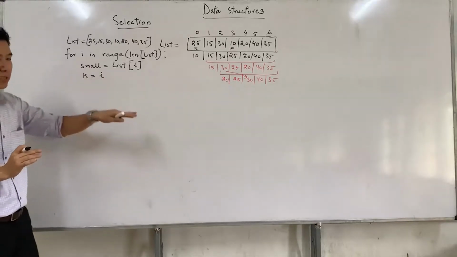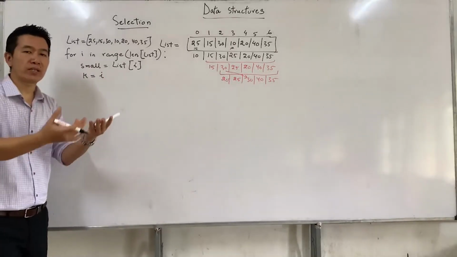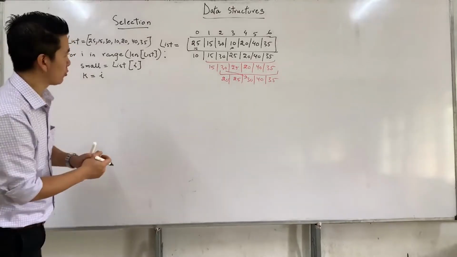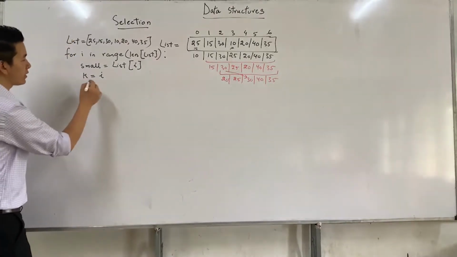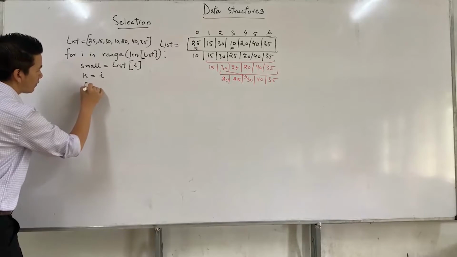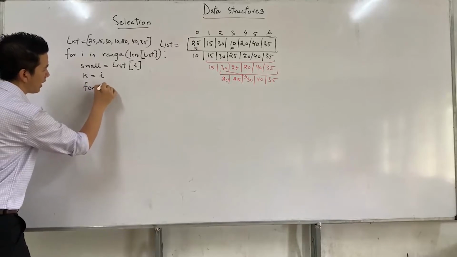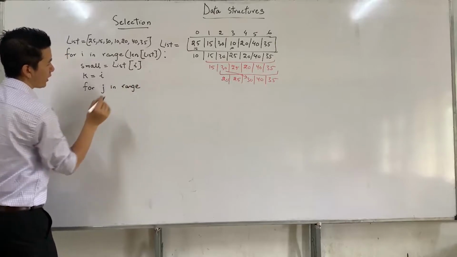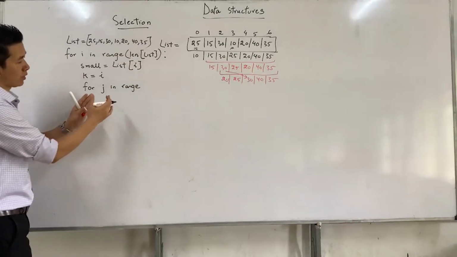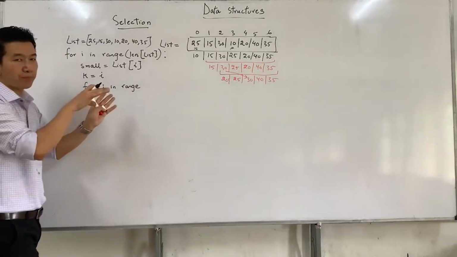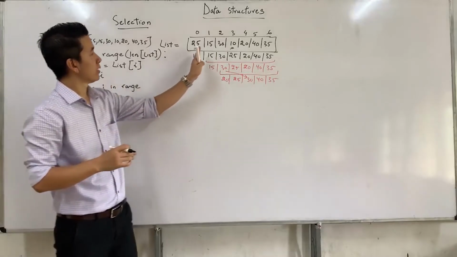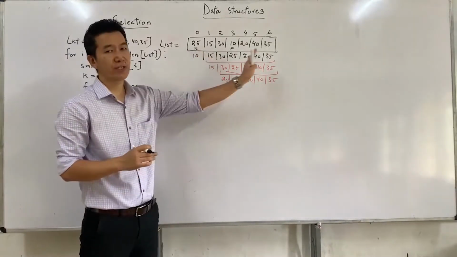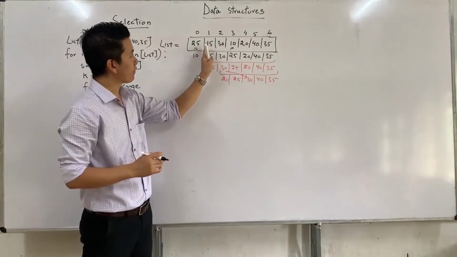Now since I'm starting the program, we're just assuming that the first element is indeed the smallest. We now need to go further. I'll have another loop. This time I'll have j in range. Now from here on I'll be using the numbers starting from 15. I'll be starting from here.